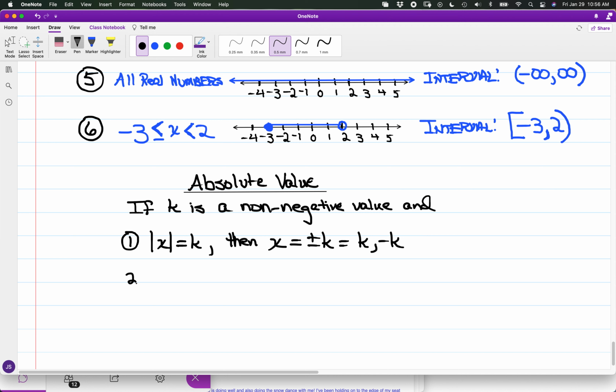Now, in the case of crossing over to the realm of inequalities, if we have that the absolute value of x is less than k, then what's going to happen here, once you take out the absolute value bars, is you're going to have x lie between negative and positive k.